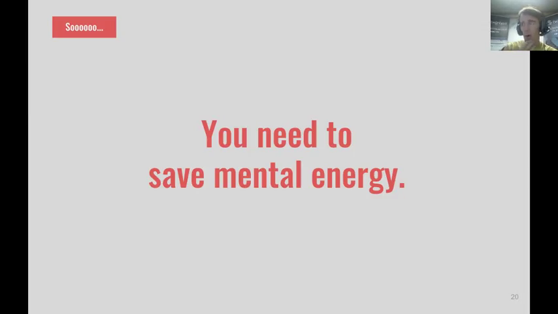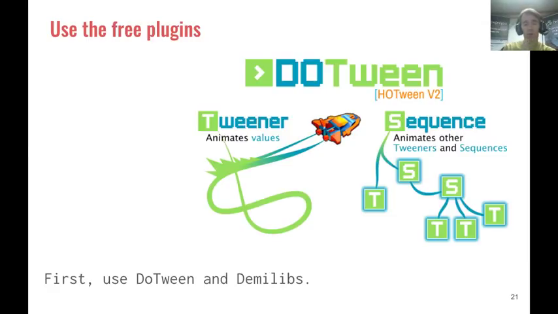So this is also why I'm telling you to use Unity and its editor as much as possible, because you need to save mental energy, in particular if you're an indie developer with a small group and you have to do lots of things by yourself. And two plugins by Daniele Giardini, DOTween and Demigiant, are free, at least the basic version of DOTween, and the other is completely free.